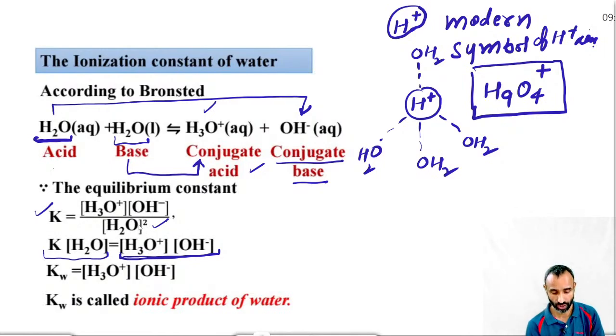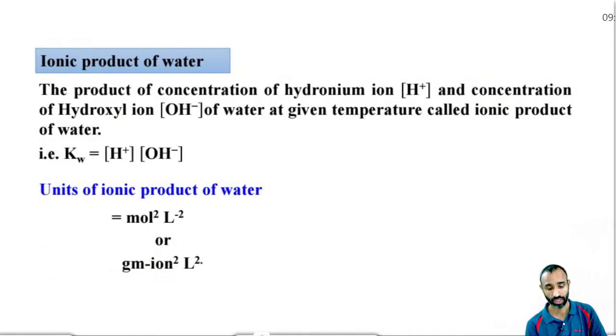So one H2O is there, that's why it is K into H2O. So K into H2O is Kw, that is the ionic product of water, the product of proton or hydronium ion into OH negative, and the value of Kw is constant at constant temperature.